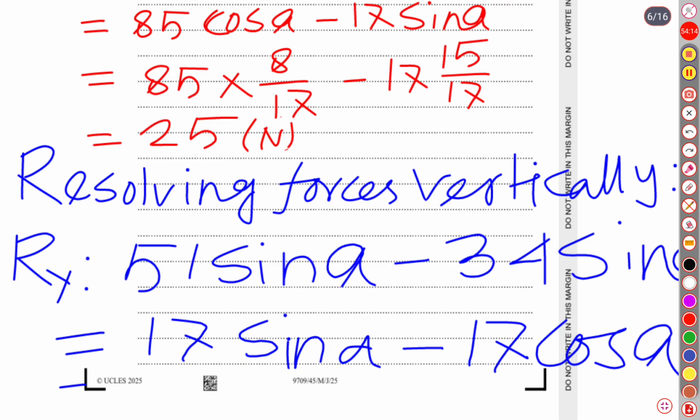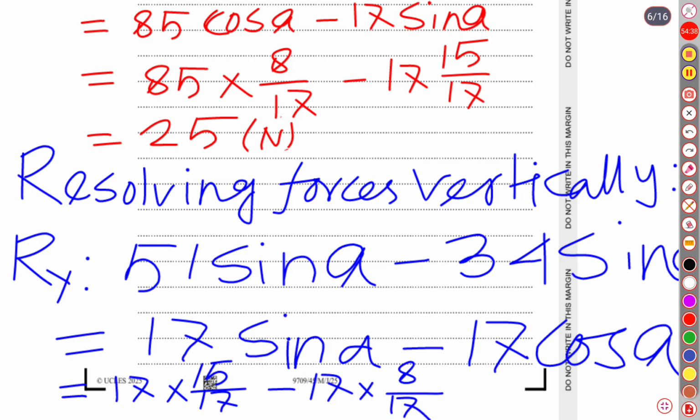We have already obtained sine alpha is 15 over 17, minus 17 into cos alpha, where cos alpha is 8 over 17. So finally our resultant force in the y direction is going to be 15 minus 8, that is 7 Newton. 7 Newton is our vertical resultant force.